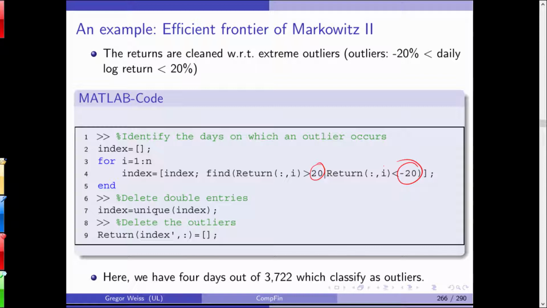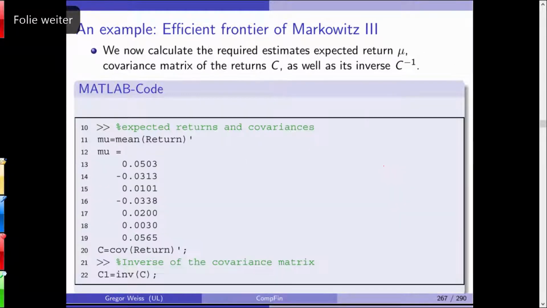Okay. In fact, out of these 3,722 days, there were 4 days with outliers, probably during the financial crisis. Okay. Now, let's calculate all those parameters for portfolio optimization in Markowitz. We take the expected values, the covariances, and actually this is quite simple.